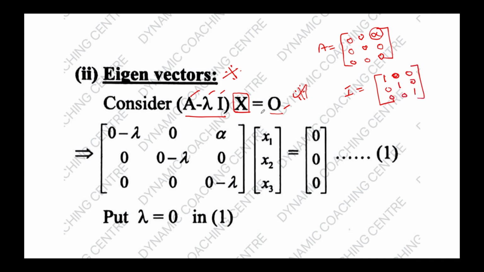Now I have to multiply this identity matrix by lambda, so I'll get 3 lambdas exactly in the diagonal part.